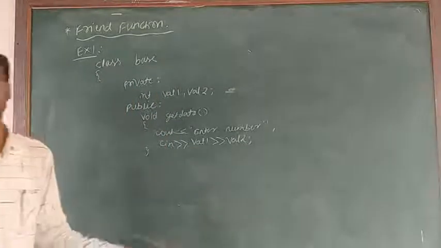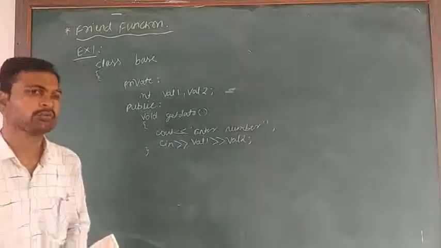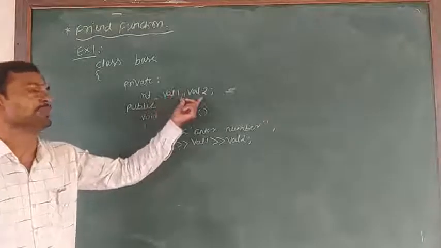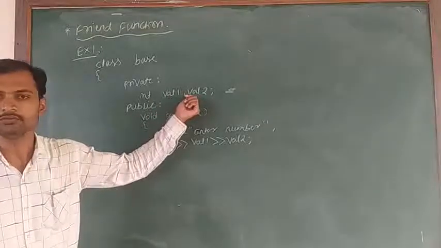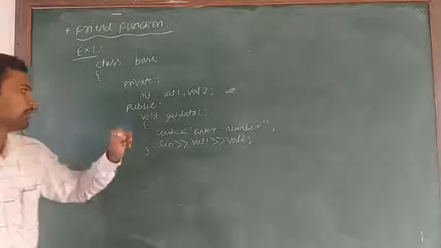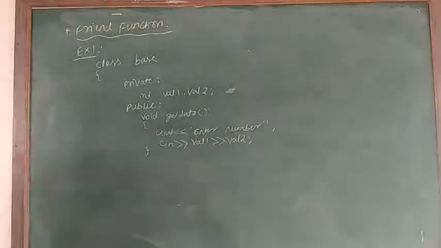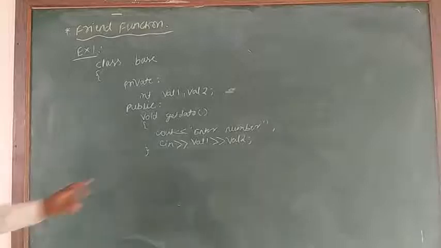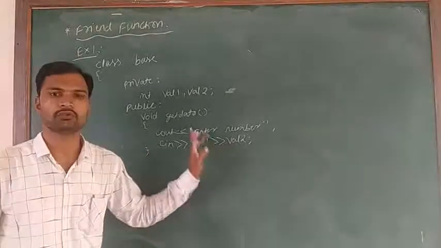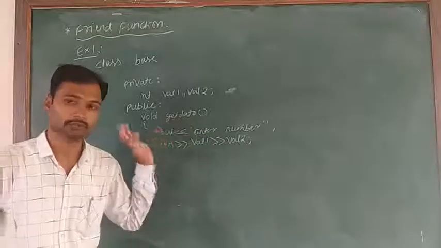In every program we are writing this code. So we have taken 2 private numbers, value1 and value2. Then after that, we input the values: enter the number, cin value1, value2. So we have taken 2 numbers, value1 and value2.